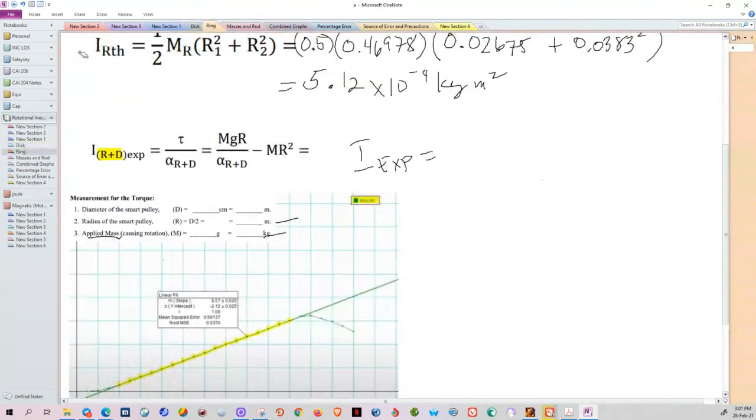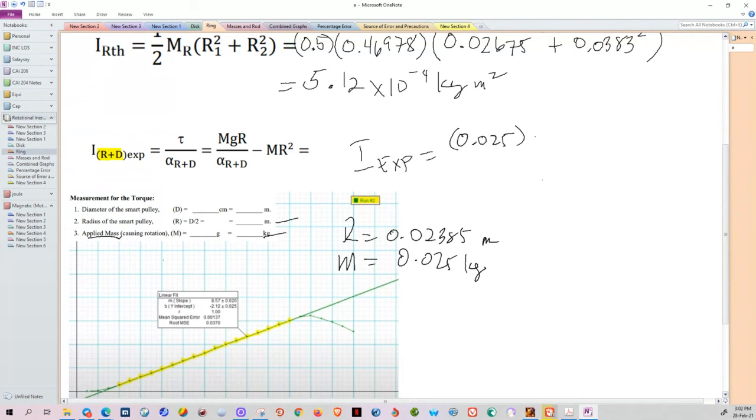So let's go to the ring. We know that the radius is 0.02385. We know that the mass applied is 0.025, kilogram and meter. So substitute 0.025, that's the mass, multiplied by gravity 9.8, multiplied by the radius 0.02385.